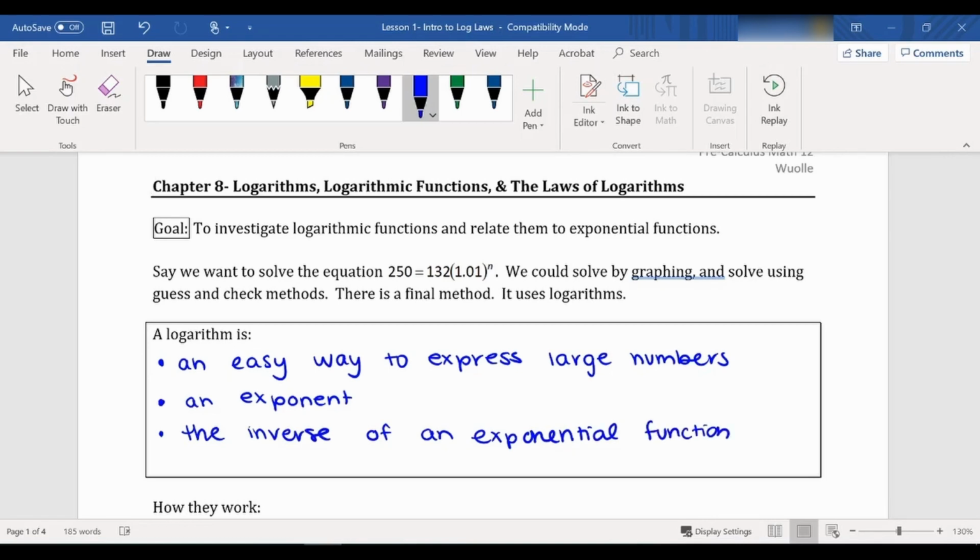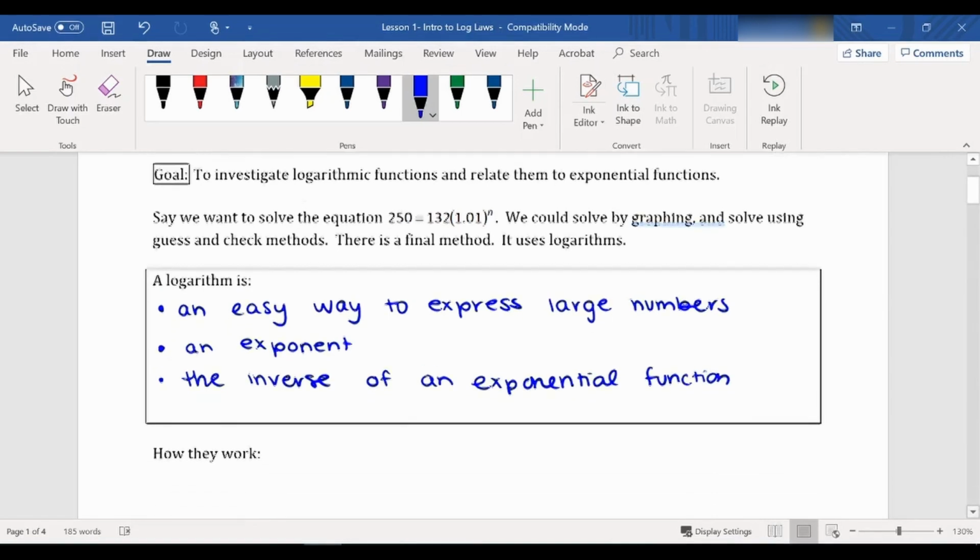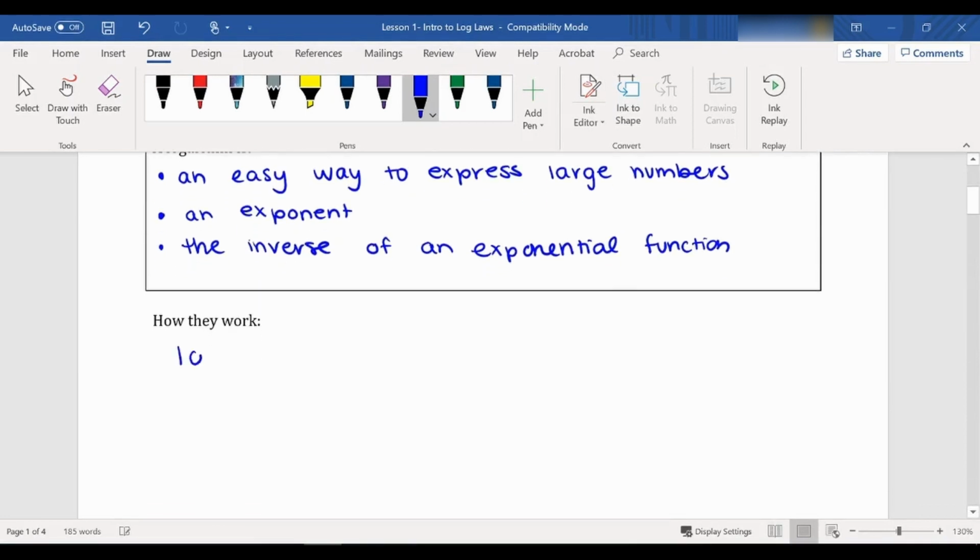So how do they work? Well, if I was saying log 10 and I want to know what this equals, what I'm really asking you is 10 to what power equals 10? Well, 10 to the power of 1 equals 10.